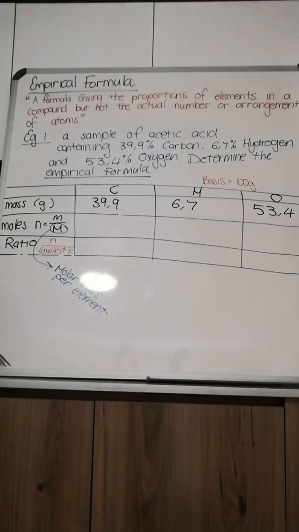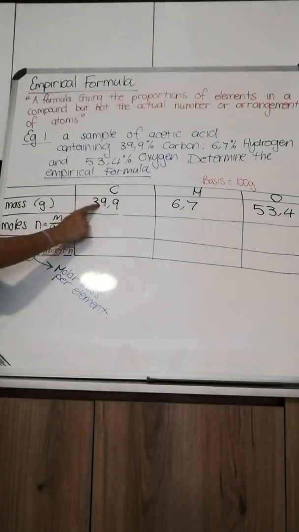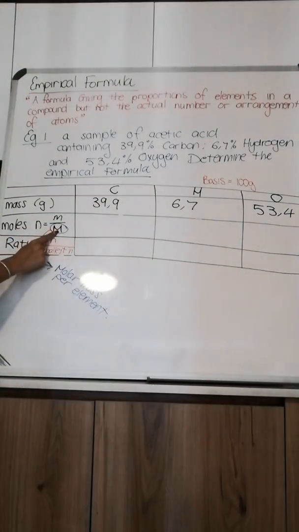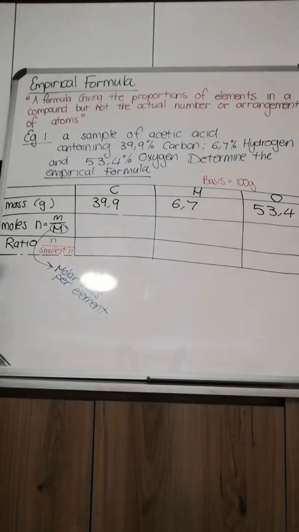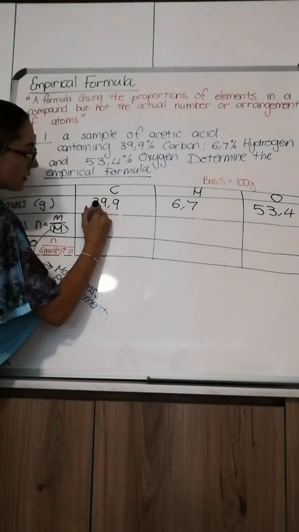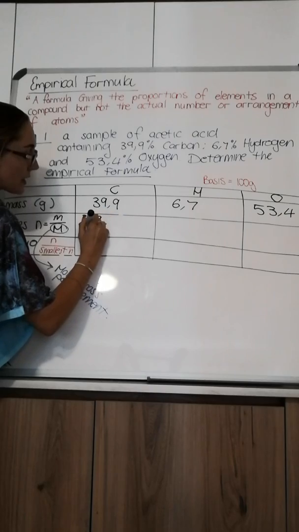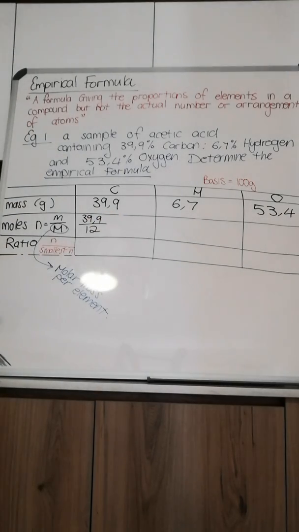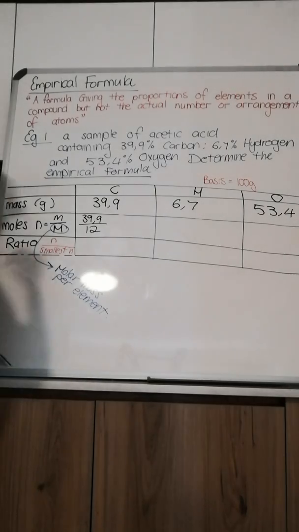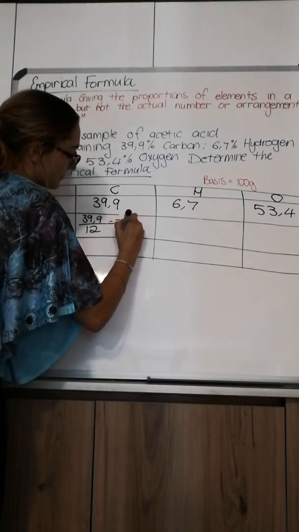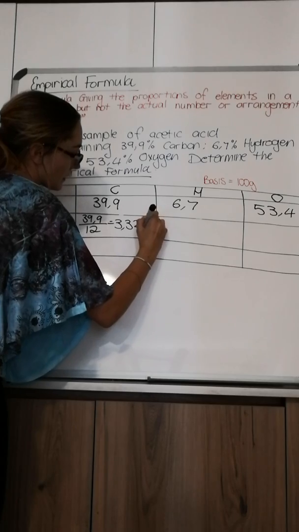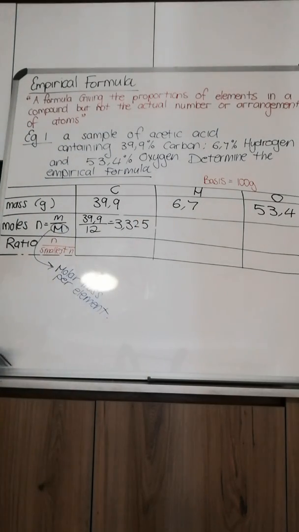Okay, so for carbon, we're taking the mass of carbon and dividing it by its molar mass to determine its number of moles. So we're taking 39.9 dividing by the molar mass of carbon, which is 12, and we get 3.325. Okay, remember you always round off only at the very end. So for now, we keep as much as possible.